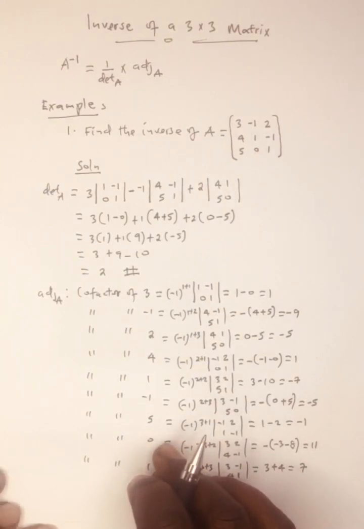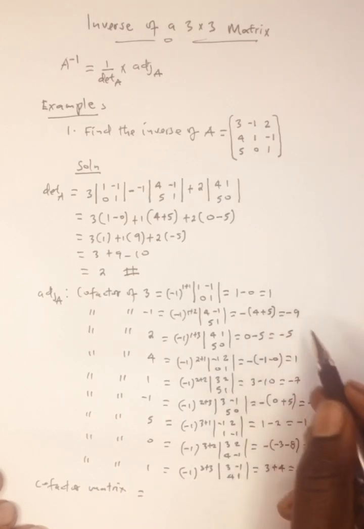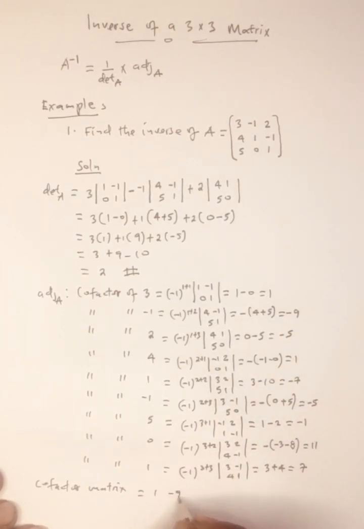So now we have the cofactor matrix. Our cofactor matrix is given by 1, negative 9, negative 5, 1, negative 7, negative 5, and negative 1, 11, 7. So we can obtain the adjoint of A just by obtaining the transpose of this cofactor matrix.